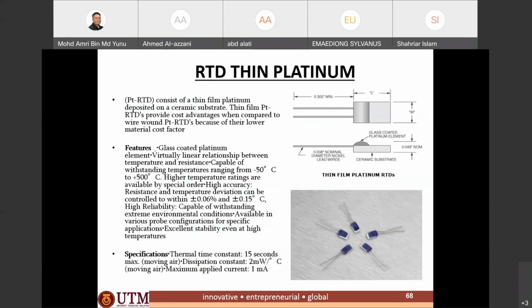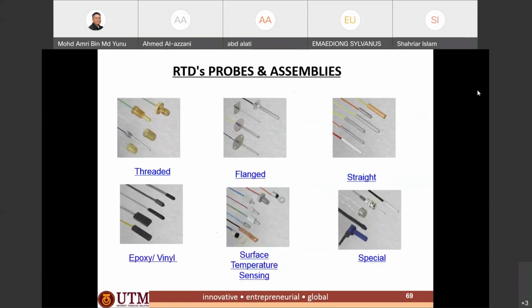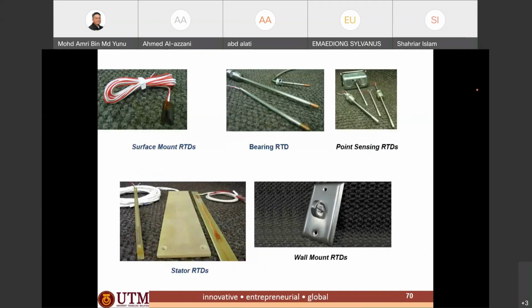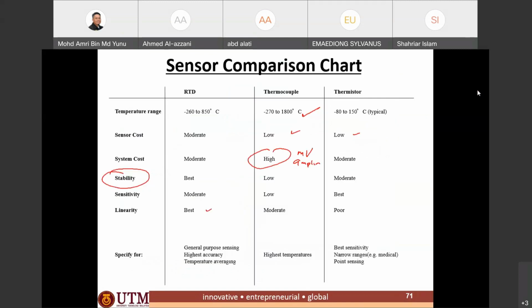It can be as small as a thin film platinum. For this construction, I leave it to you to read the information. There are also other RTD probe assemblies available on the market, and the size and variation depend on the application.